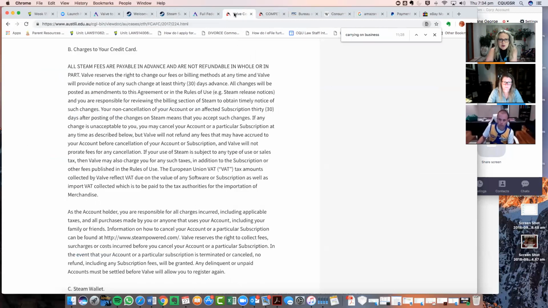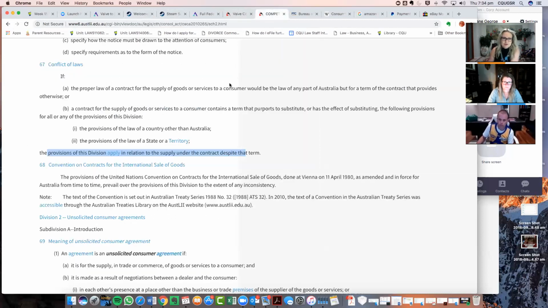And so what Valve obviously was trying to do was say Section 67 means, they were trying to say our subscriber agreements say that Washington law is going to apply.